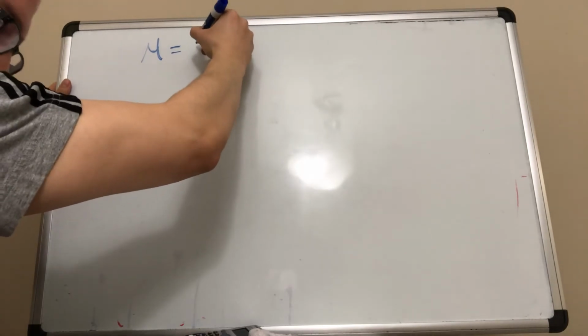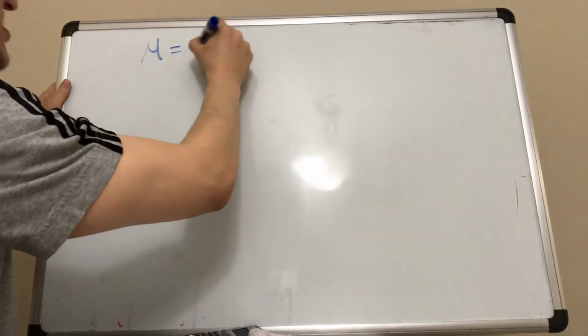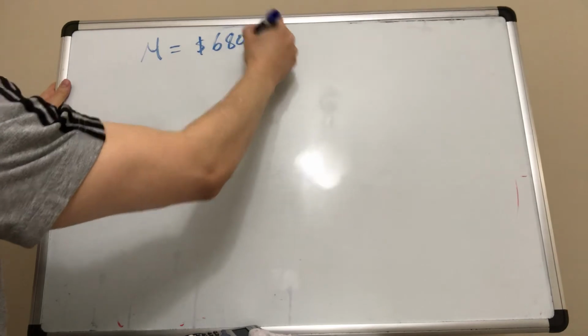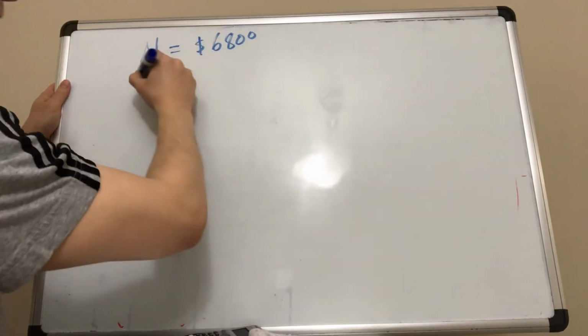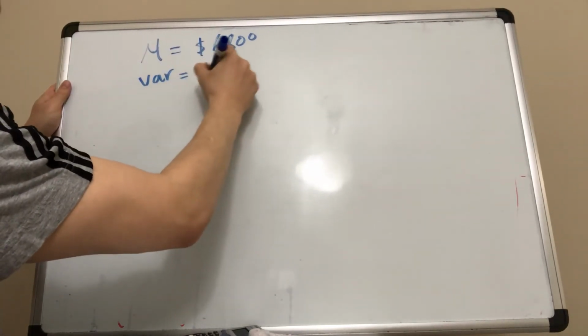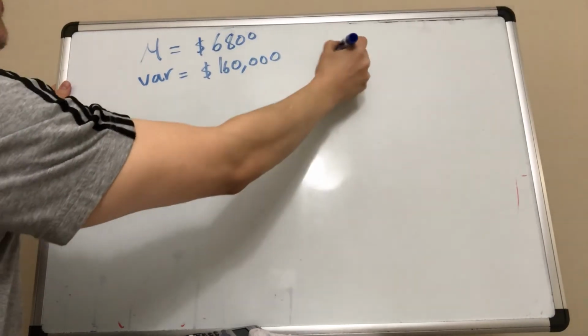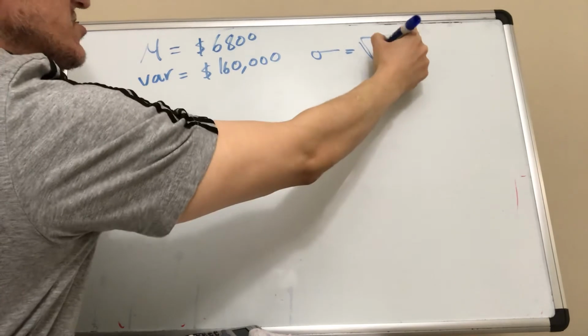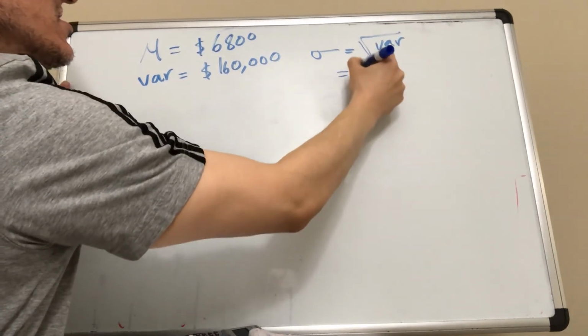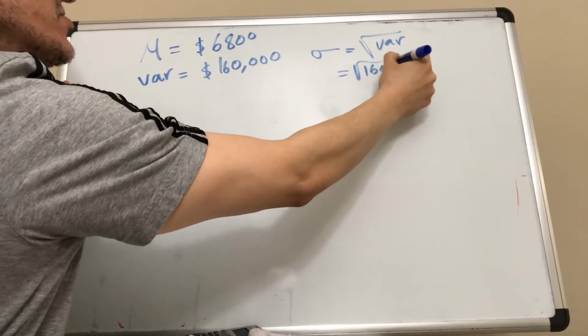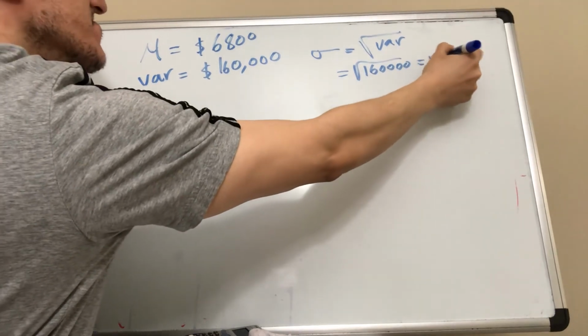They tell you mu is 6,800. They also tell you that the variance is 160,000, making sigma, which is always the square root, the square root of this, and that's 400.